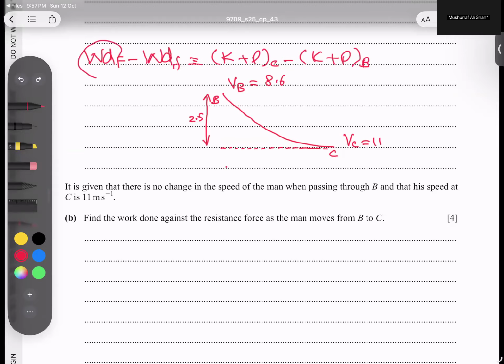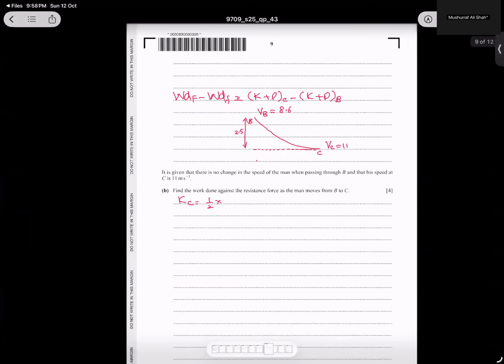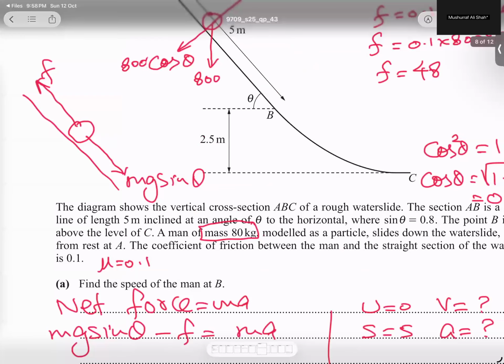First of all, I will find all these parameters, then I plug in. Work done by applied force is 0, so no need to find it because it's coming due to its own weight. And work done by friction force, we have to find it: work done against friction force from B to C. So this is our job to find. And the rest: kinetic energy at C is half mv square. The mass is 80. Let me check once again. Yeah, 80.